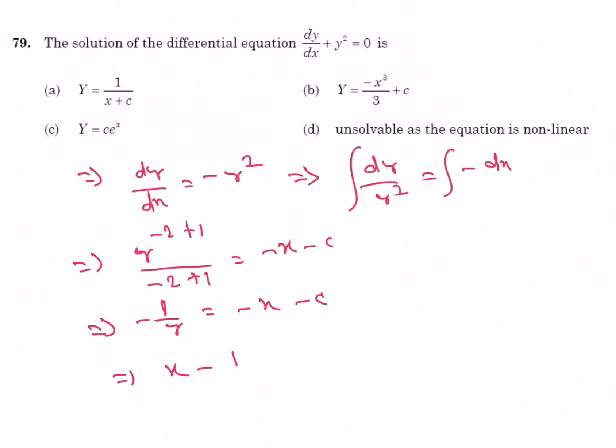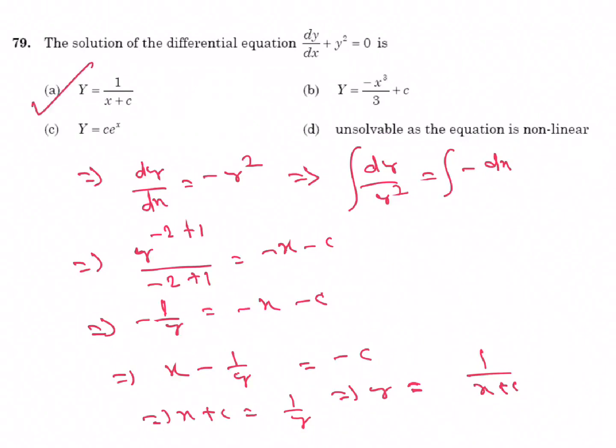So x minus 1 by y equal to minus c, or x plus c equal to 1 by y, or y value solution we have to calculate. So from option, A is your correct answer.